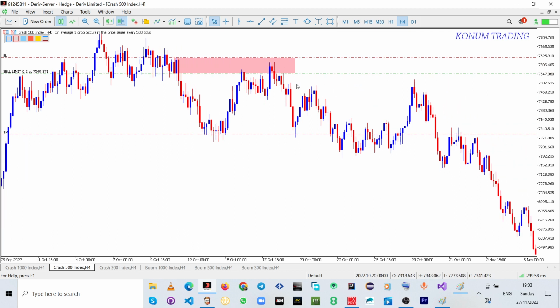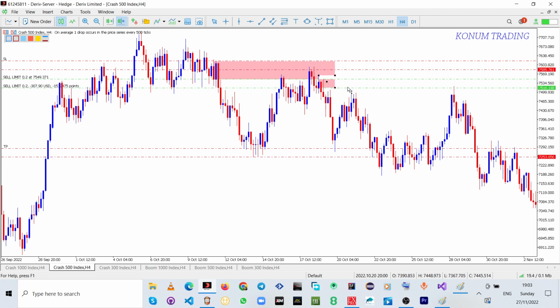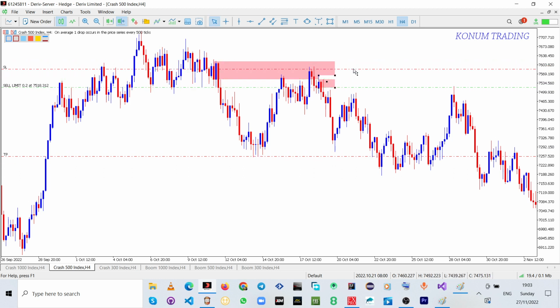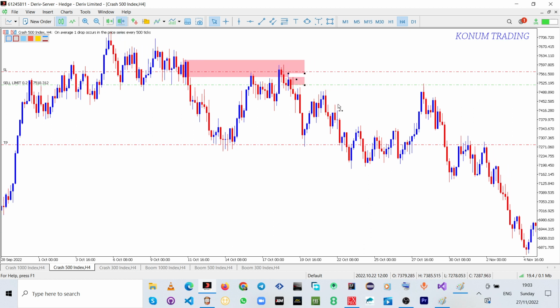So yeah guys, the next one is right here, same thing applies. Your stop loss right here, your entry, then you take profit right here, $49 and a risk of $10.